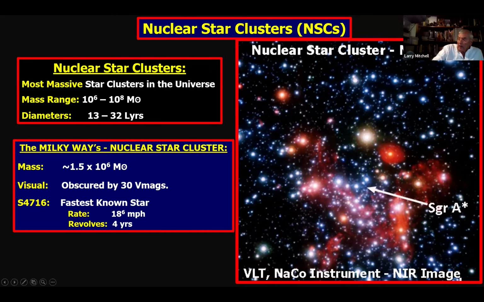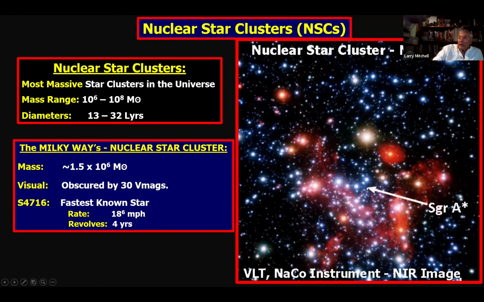And it revolves around the black hole, and consequently, its orbital period around the black hole is only 4 years. So that's how we know that there is a black hole there, because the radial velocity of that object is moving at an incredibly rapid pace, so fast that it should be centrifugally thrown out of the system because it's moving so fast.